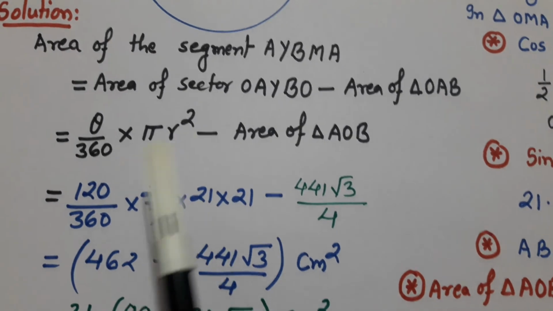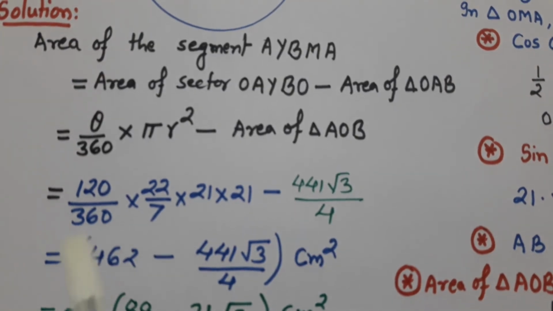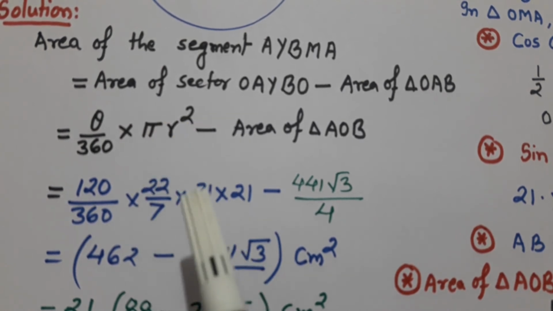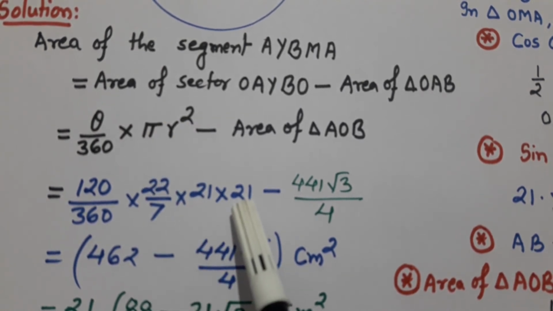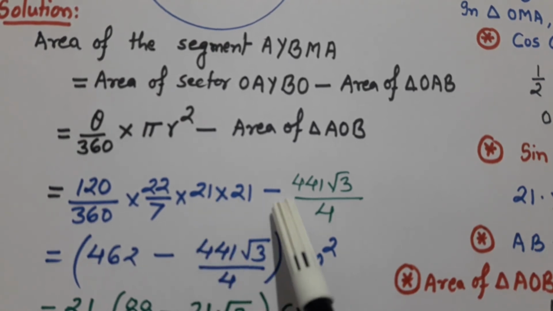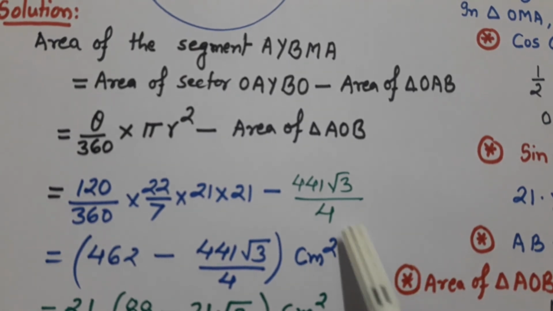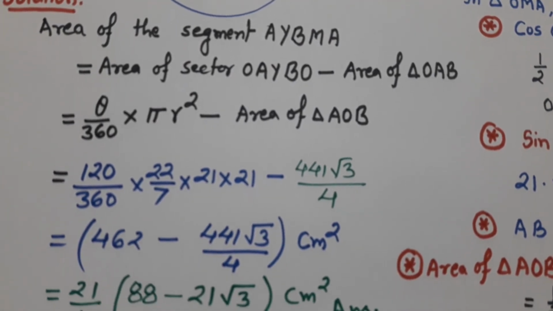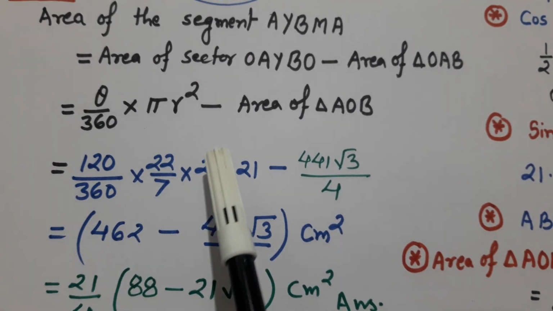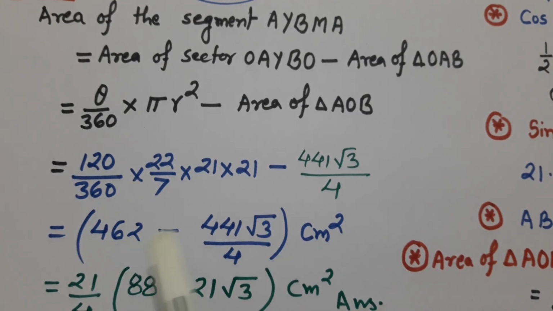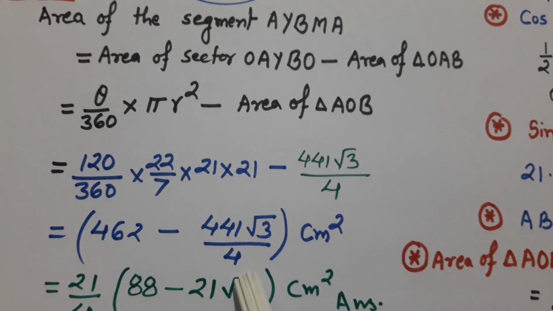Then theta is 120 upon 360 into 22 upon 7 into r square, that is 21 into 21, minus area of this triangle, 441 root 3 upon 4. After calculating, we get 462 minus 441 root 3 upon 4 centimeter square.